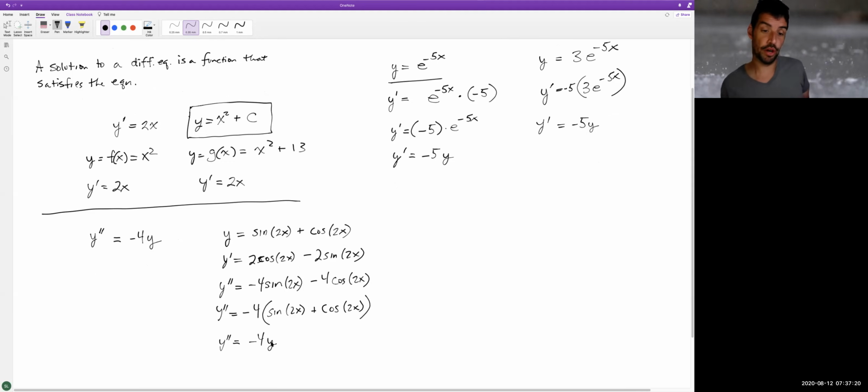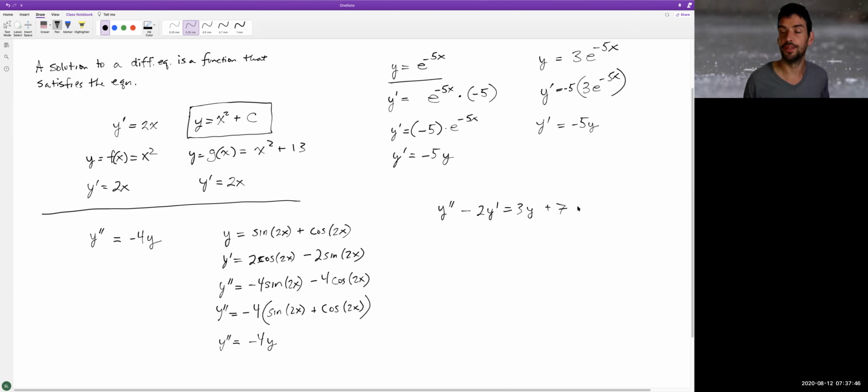So what I've just done in all these cases is what people have always been telling you to do in algebra. You find a solution, plug it back into the equation to see if it works. And plugging it into a differential equation means you have to do a little bit of work, right? Eventually, not in this course, we'll get to situations where you might have something like y minus 2y prime equals 3y plus 7x or something like this, right?